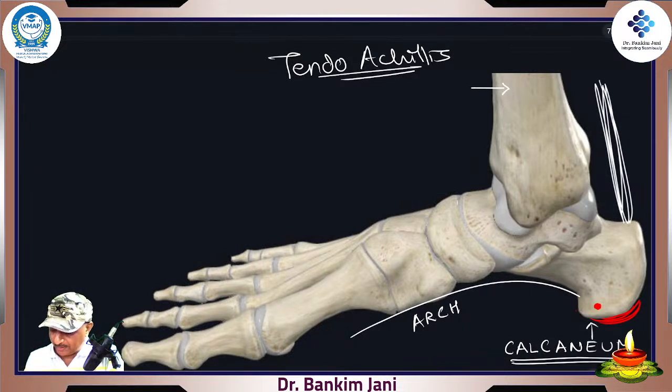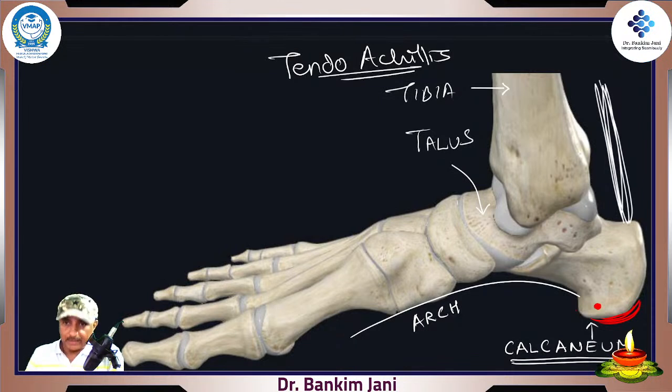So this bone, now you know the name of the bone, calcaneum, and the bone over there is what is called the talus, right? This one is the tibia. This one is the talus. So we know now tibia, talus, and calcaneum. Yes, there is a pressure point on the arch. We'll talk about it. Now, immediately next to the talus, this bone, I'm highlighting only that bone so that there is total clarity about it.